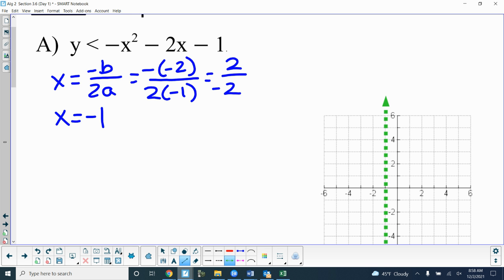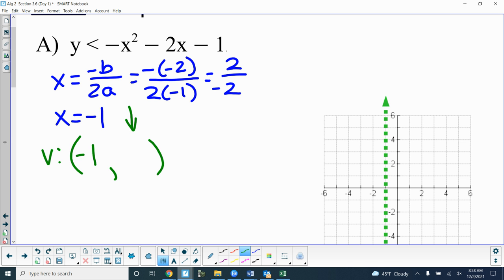Does this open up or down? Down, right? It opens down because my A was negative 1. How do I find my vertex? Plug the negative 1 in for x.